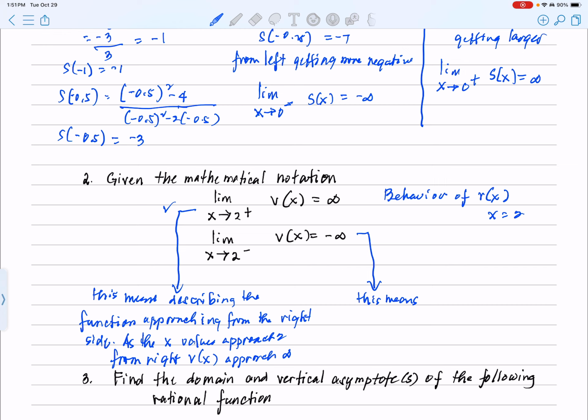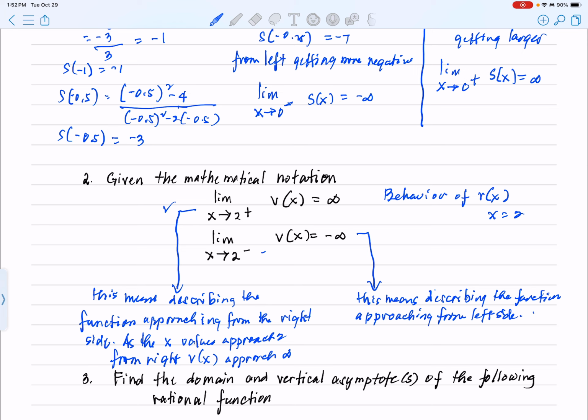We can write, describing the function approaching from the left, because you see this negative here, that means from the left.